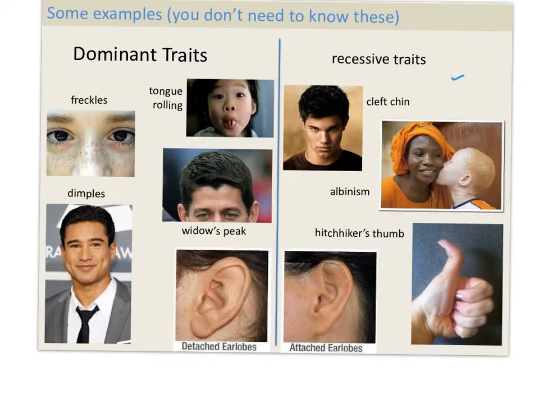Hitchhiker's thumb, the same sort of thing. I think I got one, yeah, okay. So these are traits that are affected only by one gene. There might be many alleles, but it's only one gene, and an individual who's diploid will possibly have the same allele both times, or one and the other, and then it's heterozygous.